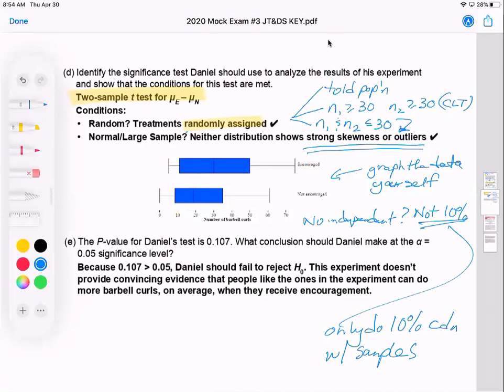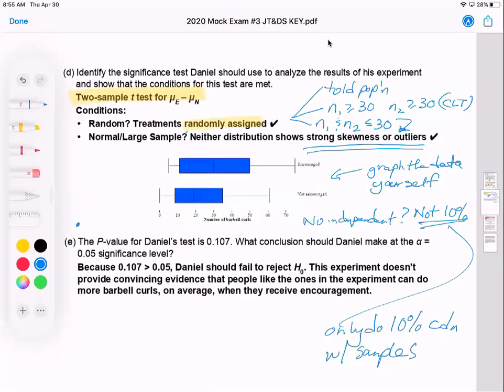And rather than trying to state that one group is independent of the other, that wouldn't be a problem to include. But for this rubric or scoring guide that they created, they just left off the independent condition. So, that's a safe bet. If it is an experiment, then you don't have to include the independent observations condition.